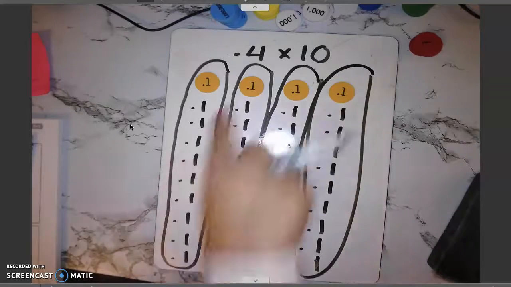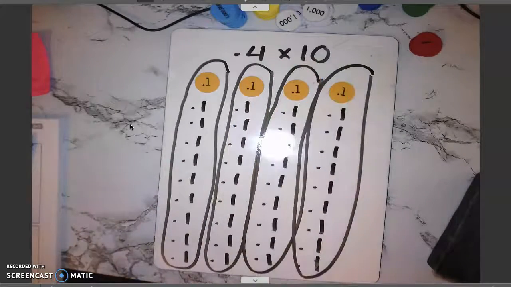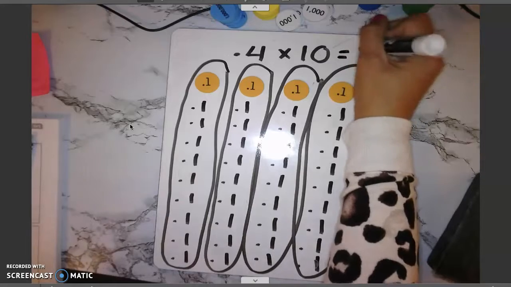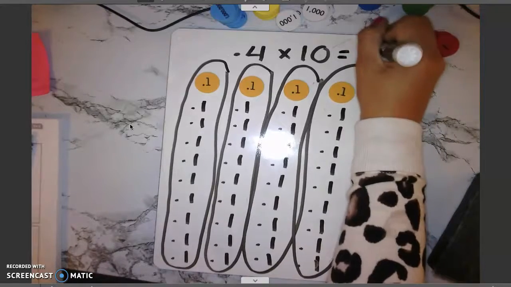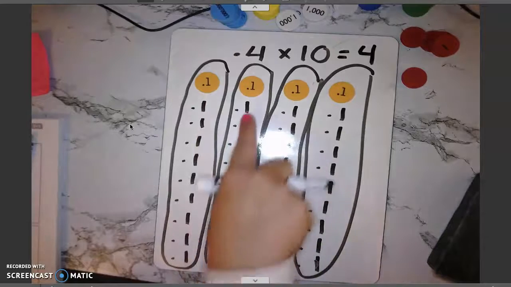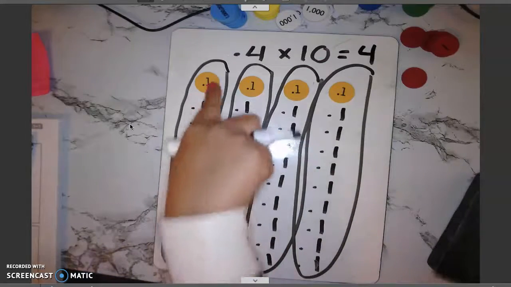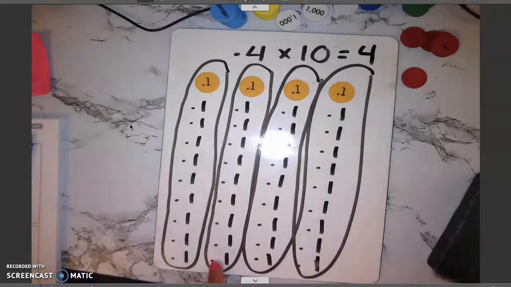I know 4 tenths multiplied by 10 is equal to or the same as 4 wholes. And I can see that right here. I have 4 groups of 10 tenths in each group. That is the same as having 4 wholes.